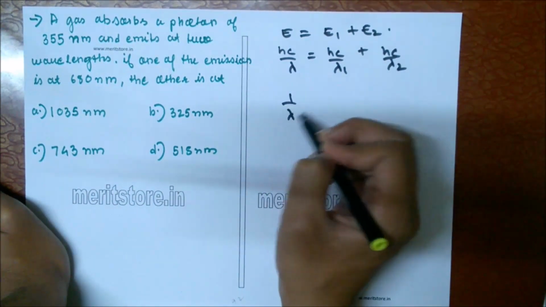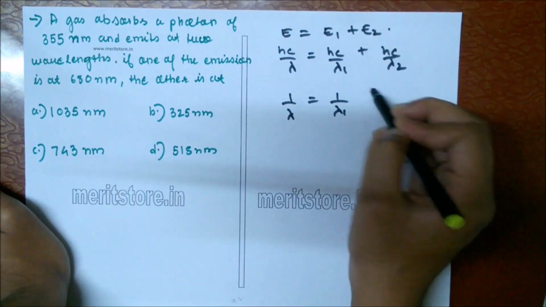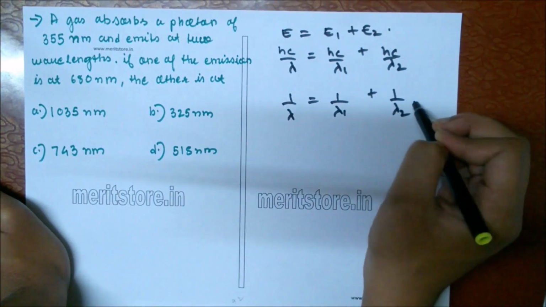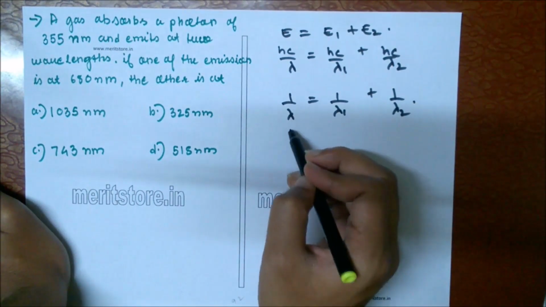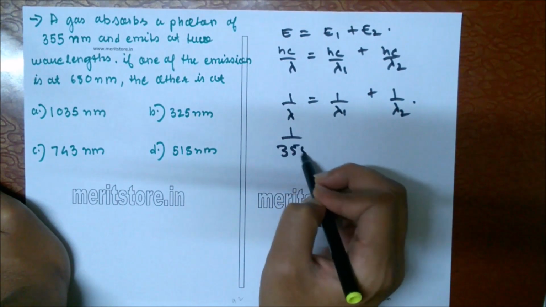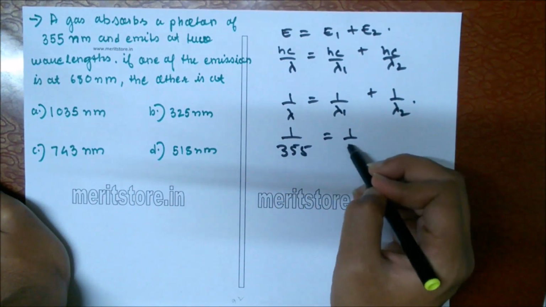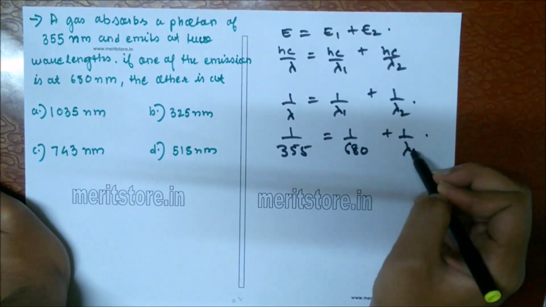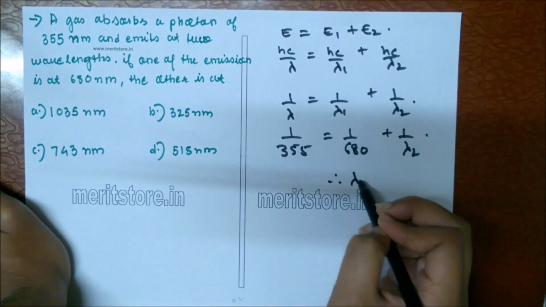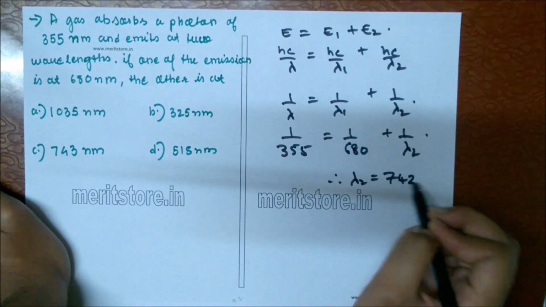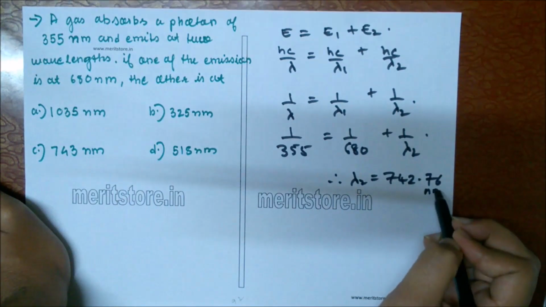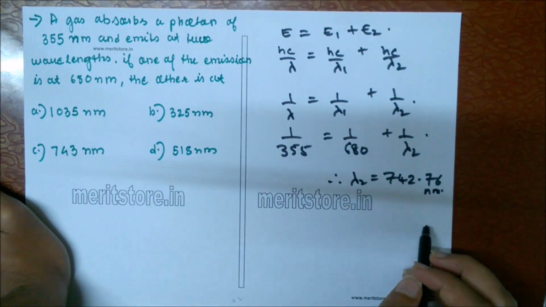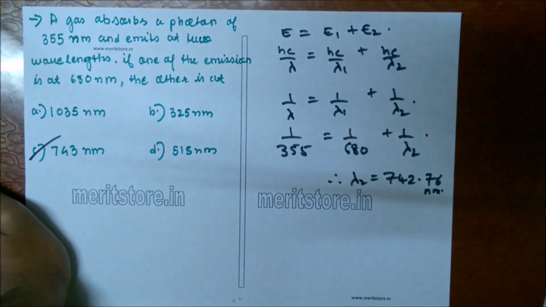So we can write this as 1 upon lambda equals 1 upon lambda 1 plus 1 upon lambda 2. Substituting the values, 355, 1 upon 680 plus 1 upon lambda 2. On solving this, we get lambda 2 as 742.76 nanometer. So the approximate value is 743 nanometer, option C.